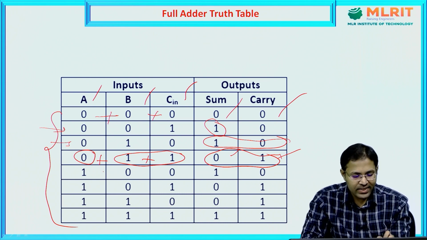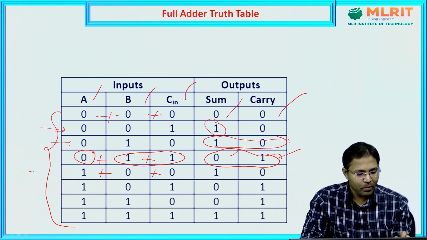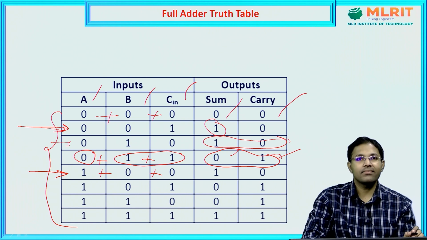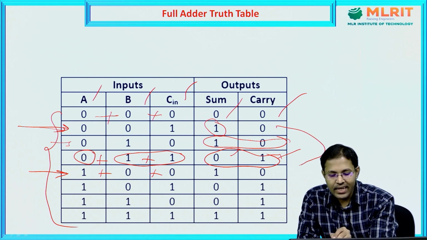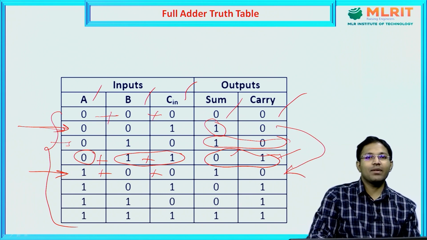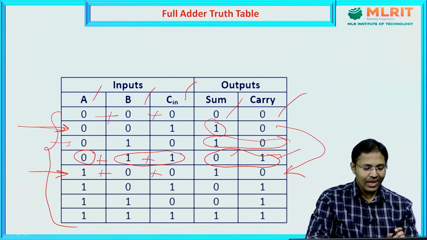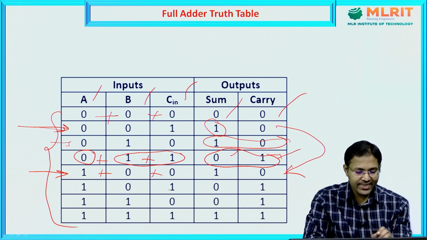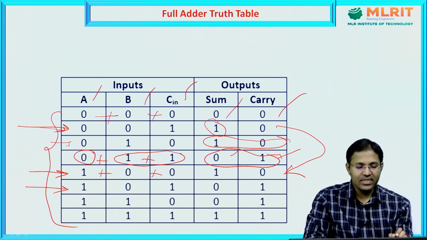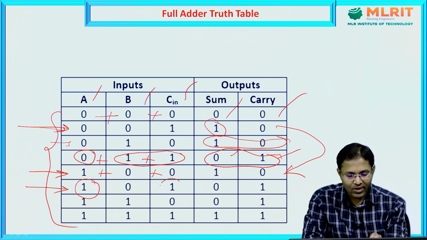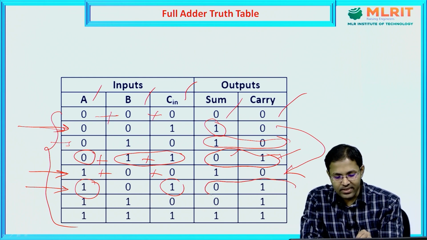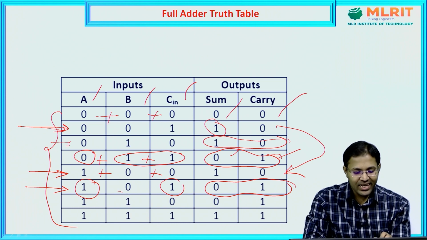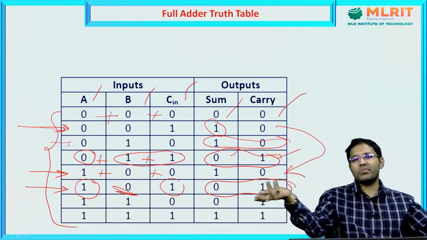Next, 1 plus 0 plus 0 should be same as 0 plus 0 plus 1, correct? So we should get the same result as in that case. Next, 1 plus 0 plus 1, and 1 plus 1 plus 0. 1 plus 1 already we did in half adder, we got 0 1, to that we are adding 0, adding 0 means adding nothing, right?